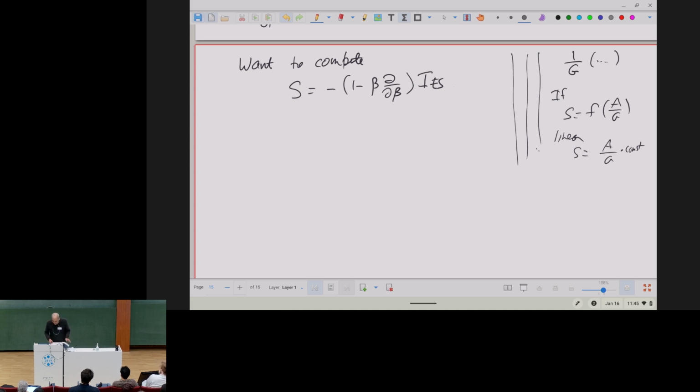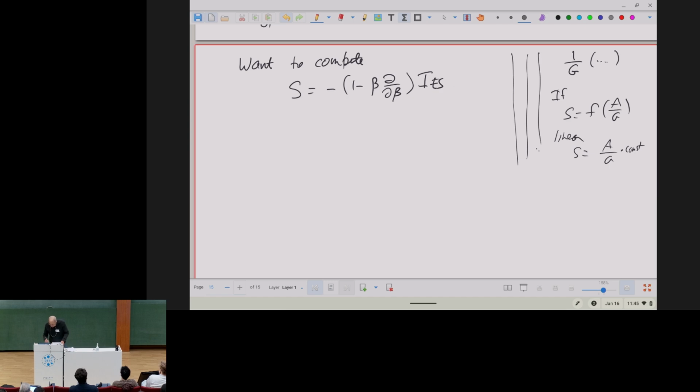Well, we have to calculate the derivative of the action with respect to beta. So that means we'll take the Euclidean Schwarzschild metric and change it a little bit when beta changes. And then we'll calculate the derivative, and that will give us the action after a little while.